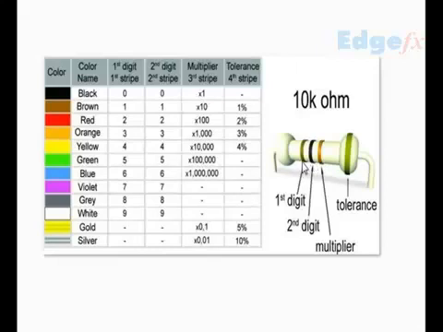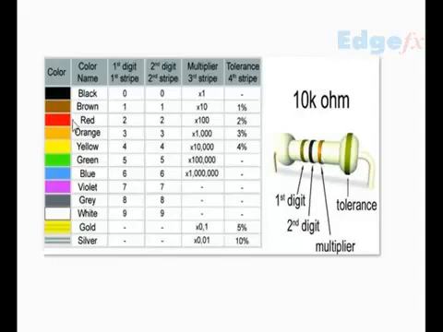Orange is 3 zeros, so this is 50k. This is the way that we calculate the value. Now an easy way to remember, whenever the last band is black, you ignore that.